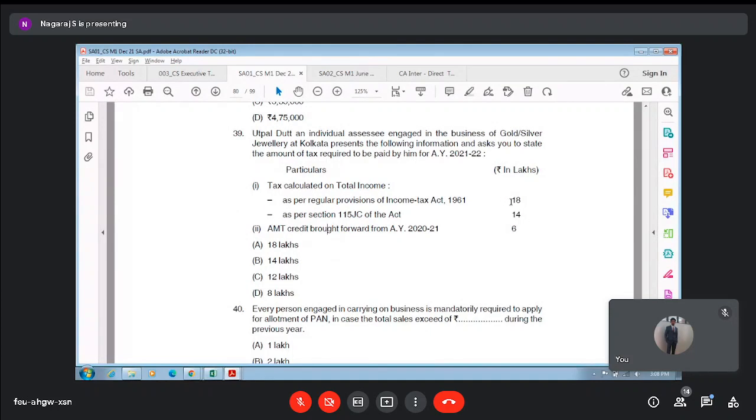Here, don't deduct the entire 6 lakhs from 18 lakhs, because you are expected to pay minimum 14 lakhs. That is the tax payable. If there is no AMT credit, then we would have paid 18 lakhs.